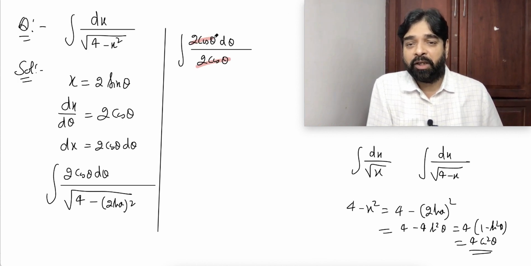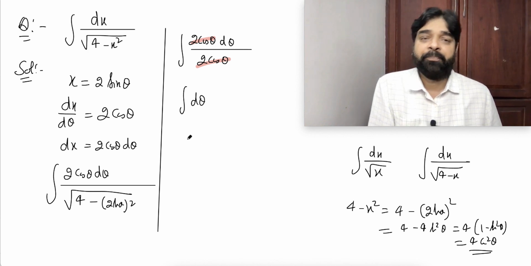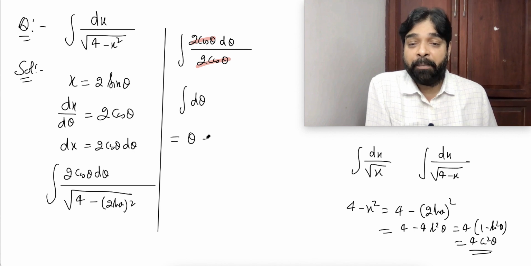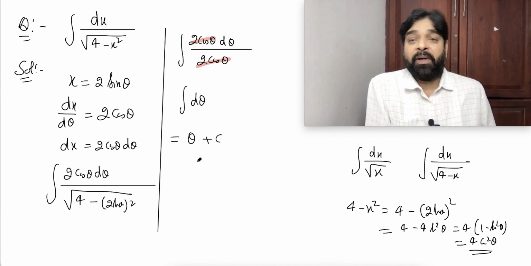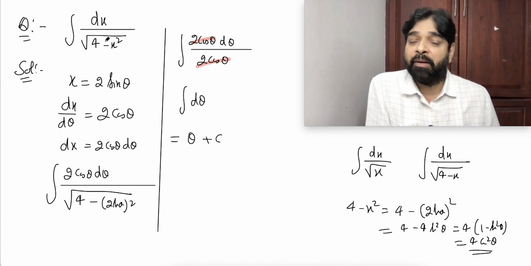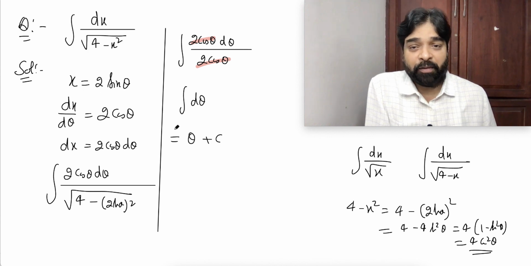So 2 cos theta will get cancelled, and you will get d theta. Did you understand? And the integration of d theta will be theta plus c. But the question was given in terms of x, so we want the answer also in terms of x only. So what should we do? We'll try to get the value of theta from here. This is your substitution.